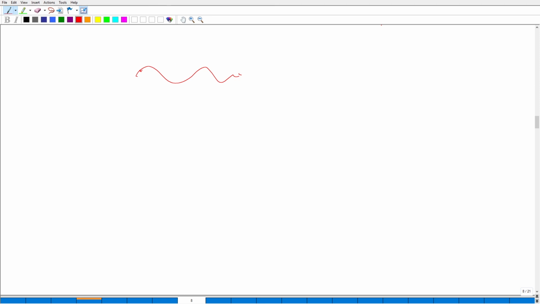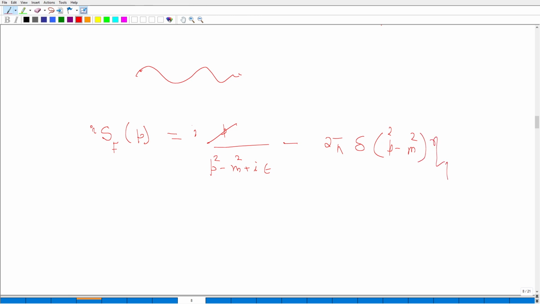That is the name. For fermions, this propagator is usually given in terms of the momentum that it carries by i p slash upon p square minus m square plus i epsilon, minus 2 pi into delta of p square minus m square into something called eta f of p.